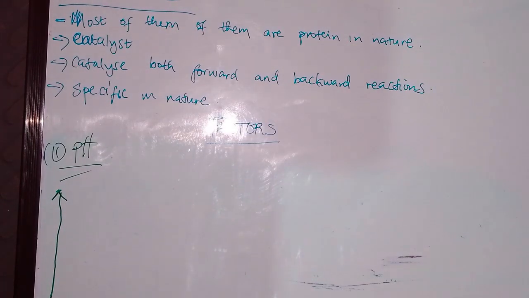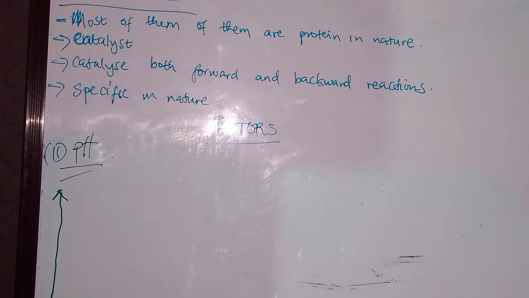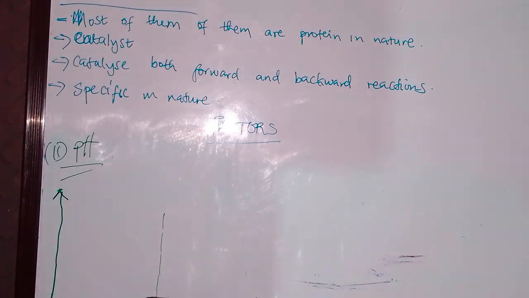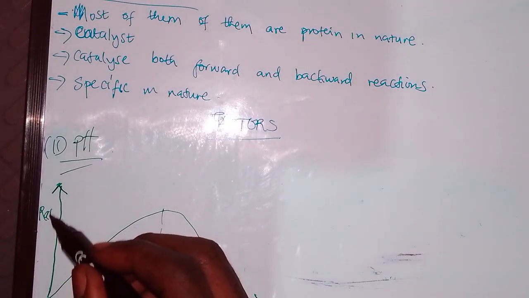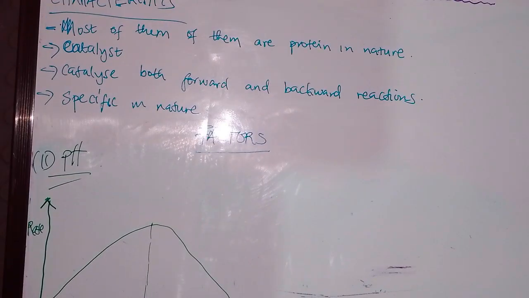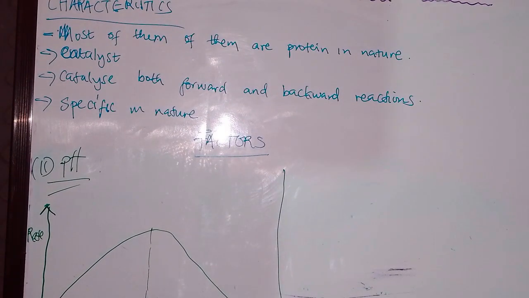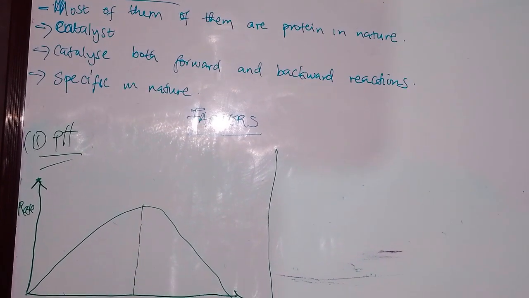So you have a rate on the Y, then on the X we have pH. Yeah. So like I said, the graph of pH and the graph of temperature, they are the same. The only difference is this one is measuring what?